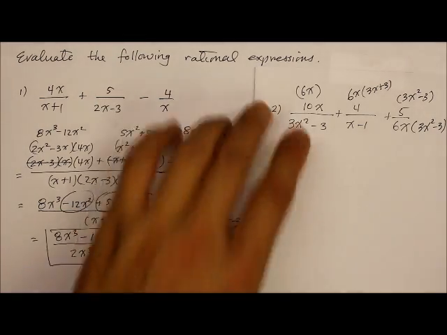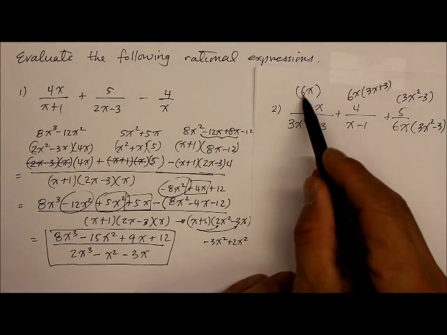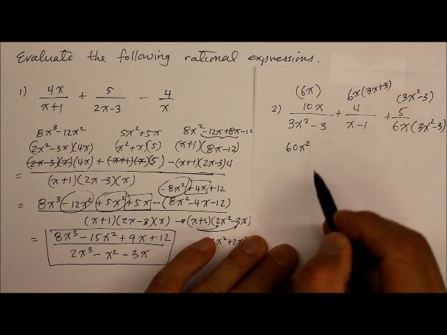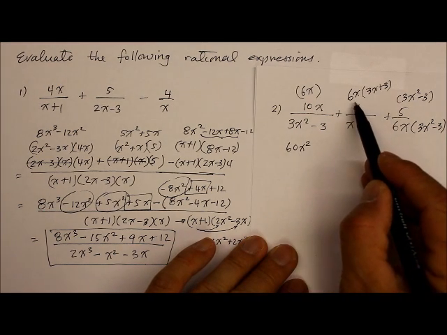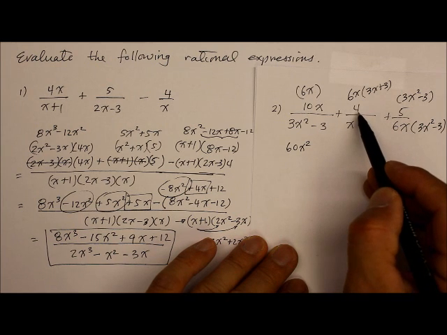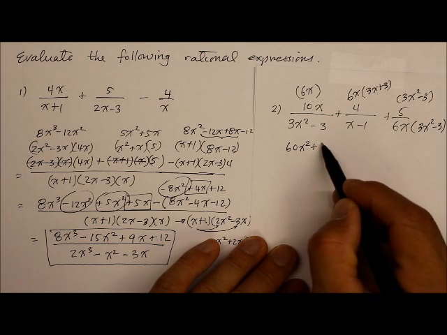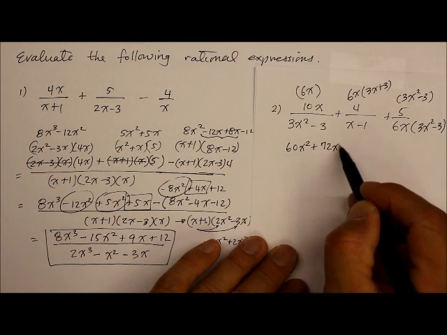Here we go. It turns out when you multiply the 6x, this one becomes 60x squared. Over here, well, 6x times 4 is 24x, and 24x times 3x becomes 72x squared.